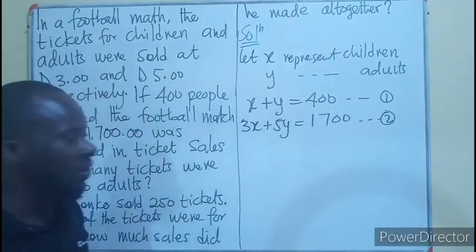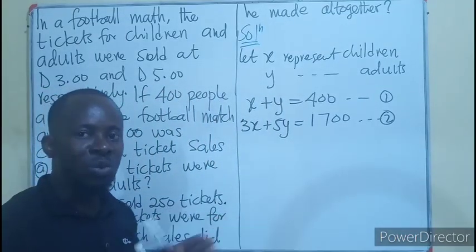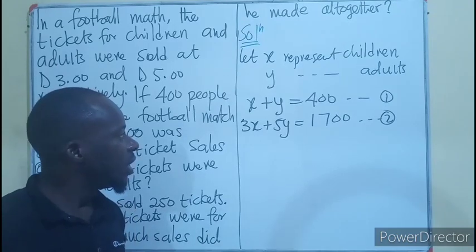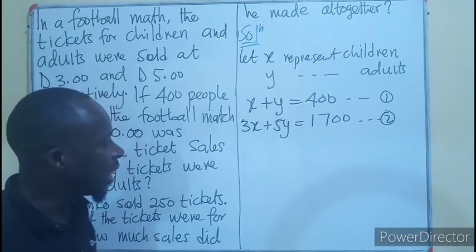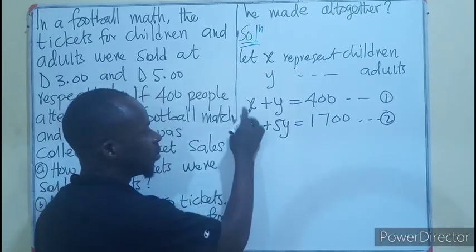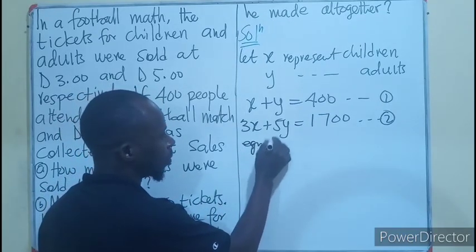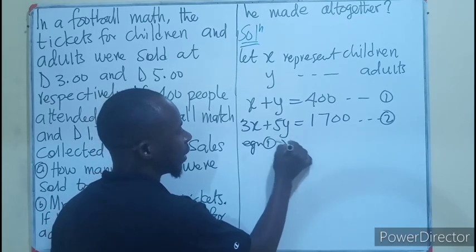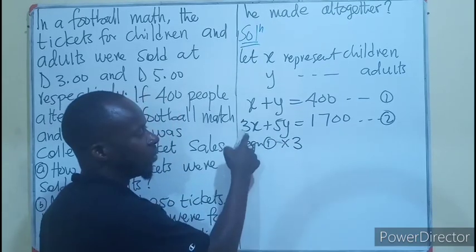Right? So this gives us a simultaneous equation involving 2 variables. We can eliminate any of the variables when we have the same coefficient. So I'll be multiplying equation 1 by 3, so that I eliminate x.